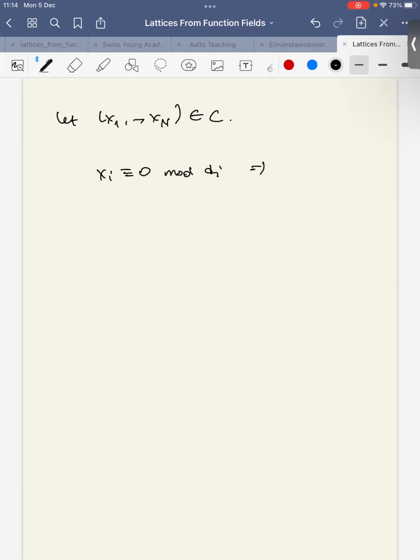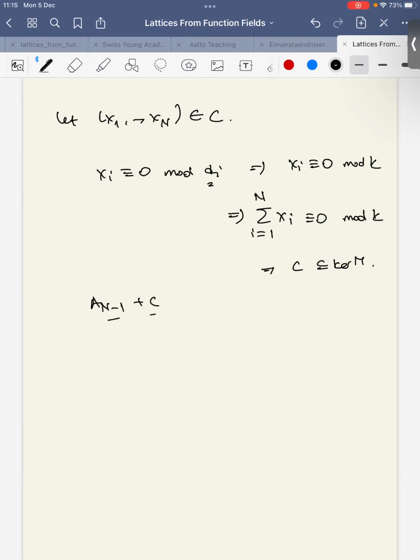So if they are 0 modulo d_i, they should also be 0 modulo the greatest common divisor of all the d_i's. If we take the sum, it is still 0 modulo k, and this shows that C lies in the kernel of this map. So since each of them is a subset of the kernel, the sum is a subset of the kernel of this map.